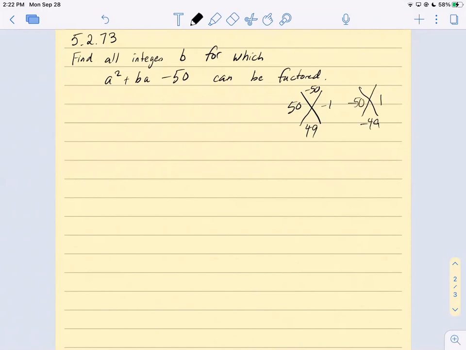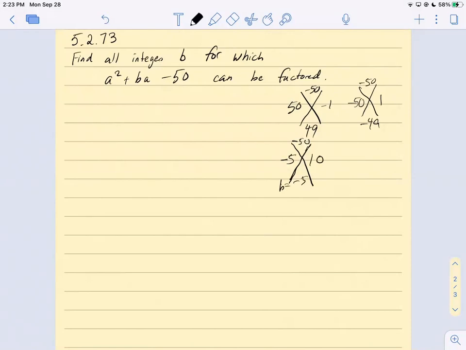Sweet. Well done. Is there another pair? Anyone have any other pair of factors that multiply to negative 50? 5 and 10. Perfect. Yeah, and you can put the negative on either one.